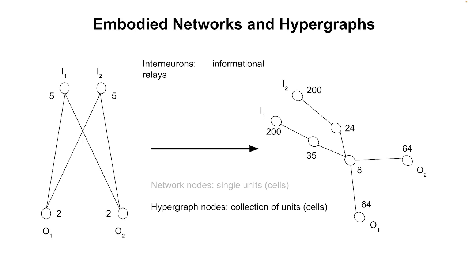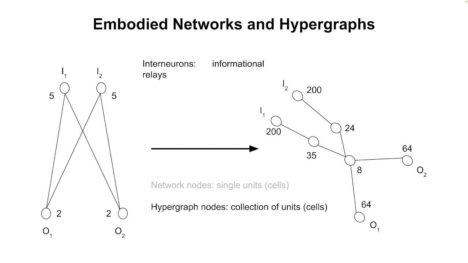Now we can also not just use them as networks, but also as a hypergraph. In the case of hypergraphs, we have nodes that have a number of cells within them, and they have a diverse set of properties, and they also have a diverse set of connectivities that we can summarize. But in the hypergraph case here, we have the ability to characterize sets of cells that contribute to, say, an organ or a tissue, and use that as a single node.